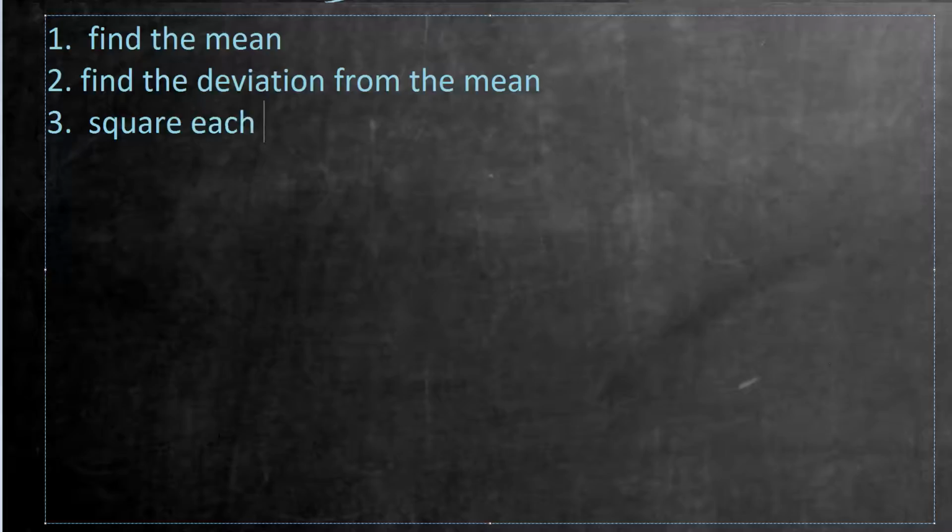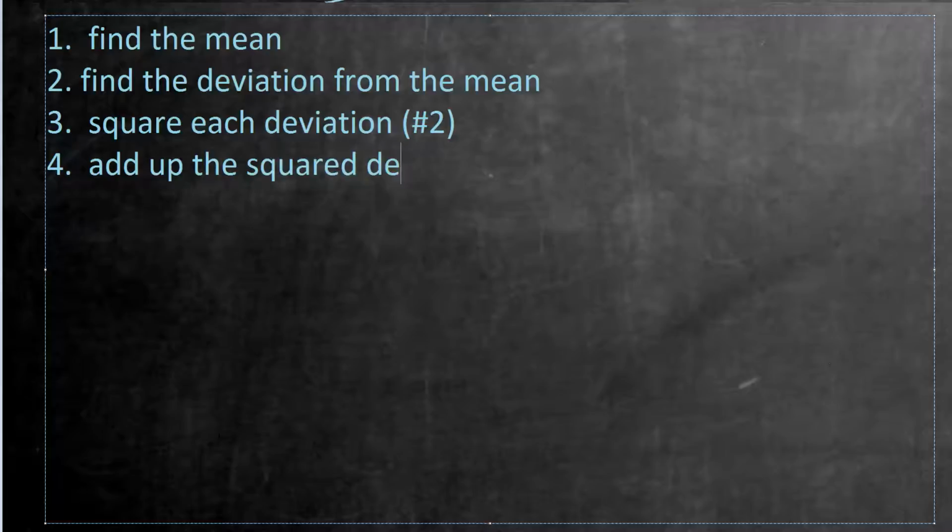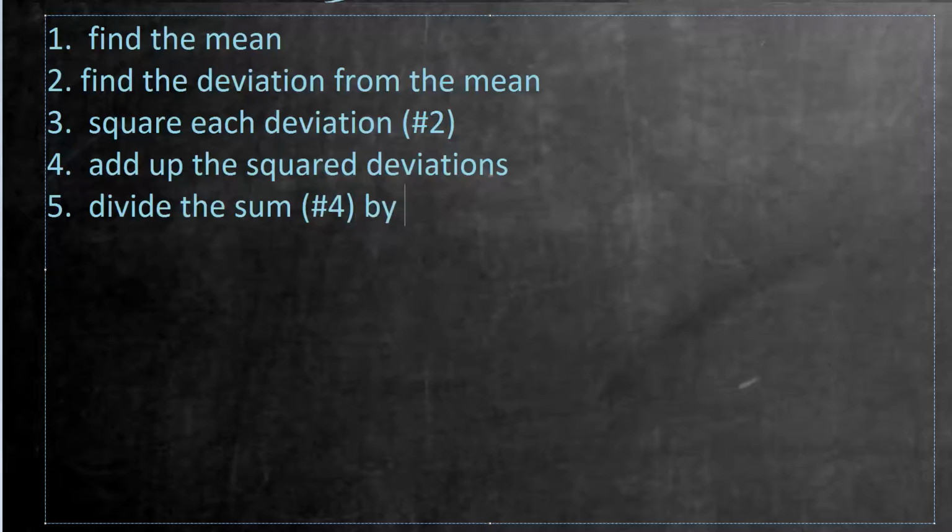Square each of those numbers. So square every number from number 2. Add up the squared deviations. Divide the sum from number 4 by n minus 1.